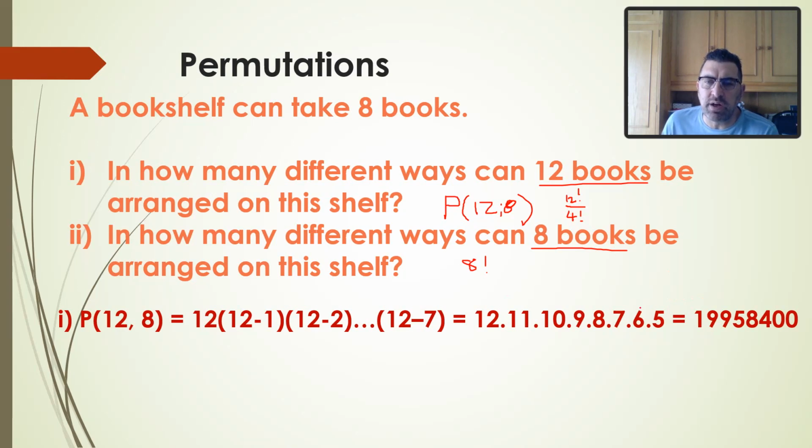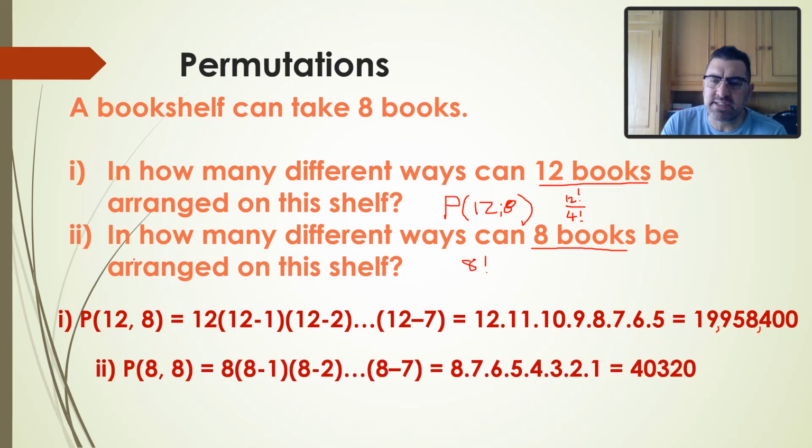So from 12 to 5, look at the amount of arrangements. If I put a comma there, it's 19,958,400 ways. Okay, folks, so that is the answer to 1.